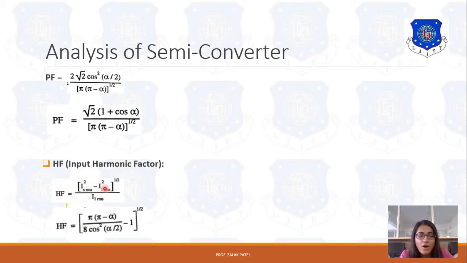We already have the value of the CDF from the last lecture, so simply we have to put it over here. It is pi into pi minus alpha upon 8 cos square alpha by 2, and this I1 RMS and I1 RMS will be cancelled out, so this term will become 1. So the harmonic factor is given like this: pi into pi minus alpha upon 8 cos square alpha by 2 minus 1, raised to 1 by 2.